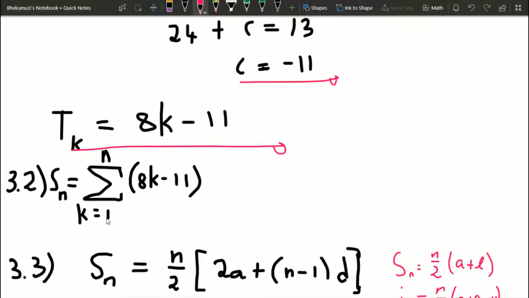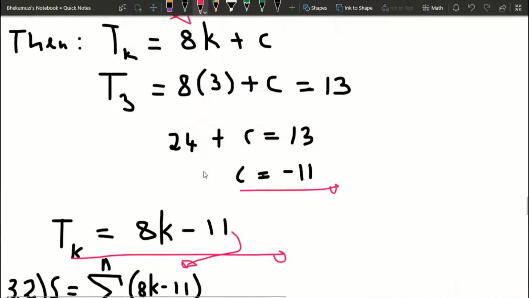We say k equals 1 because our formula t_k is in terms of k, right? So we start at k equals 1, and then we just place our formula next to the sigma notation, and then you're done. So that is the answer for that one.